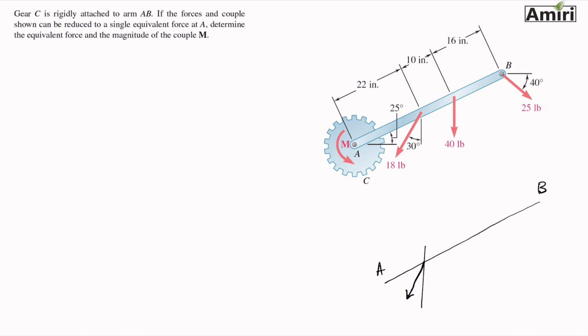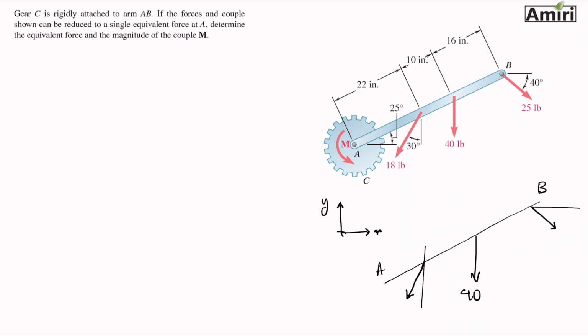I have another one that's straight down, 40. And then I have another one right here. So it's a little bit of trig work that we have to do to figure out the angles and all that. But this is going to be my x-axis. This is going to be my y-axis.